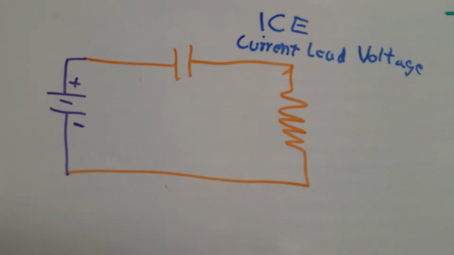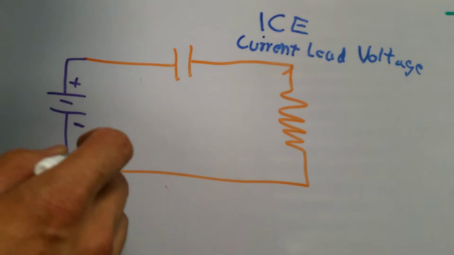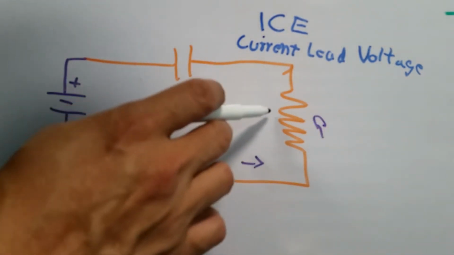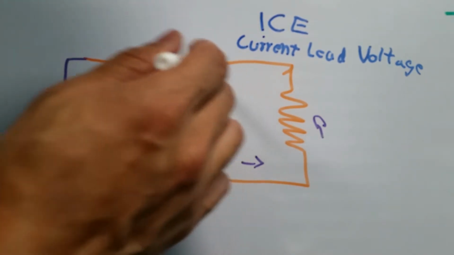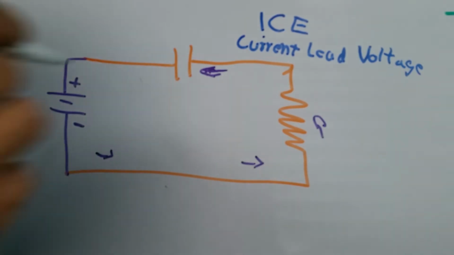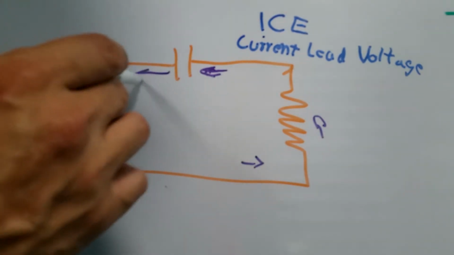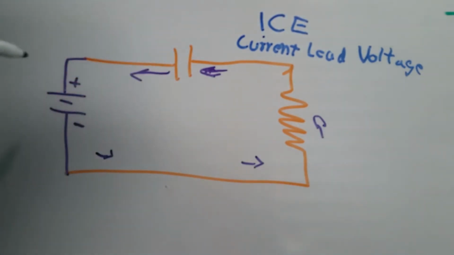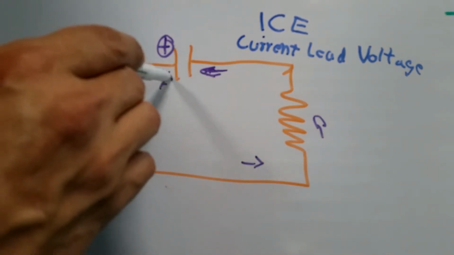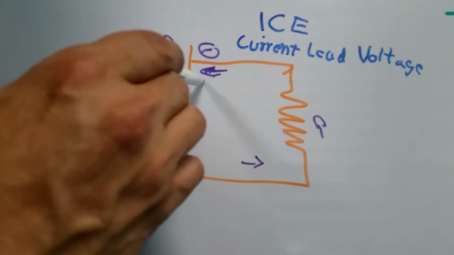As soon as I attach a battery to it, electrons start flowing. And if you notice, they go through the resistance and start charging the capacitor. So the capacitor is being charged. Also, electrons are leaving the capacitor, so we're going to have a very positive potential here and negative potential here.